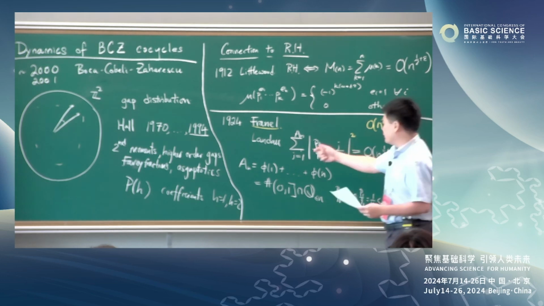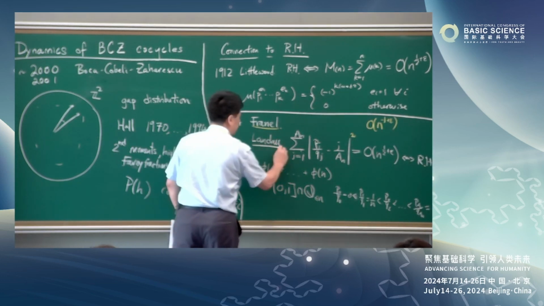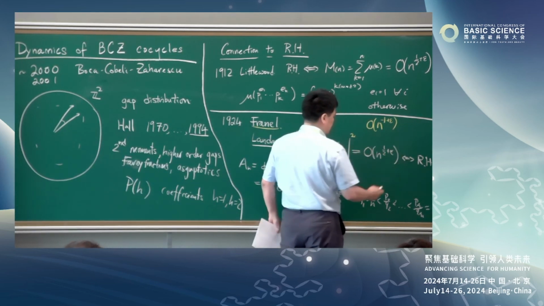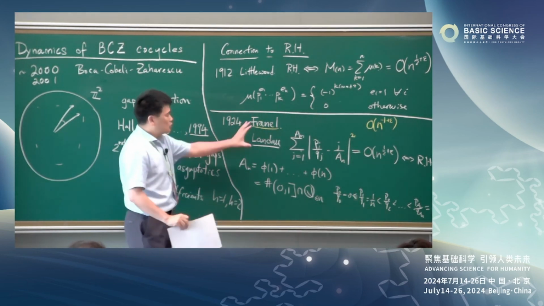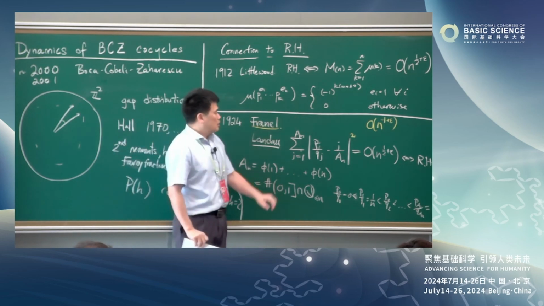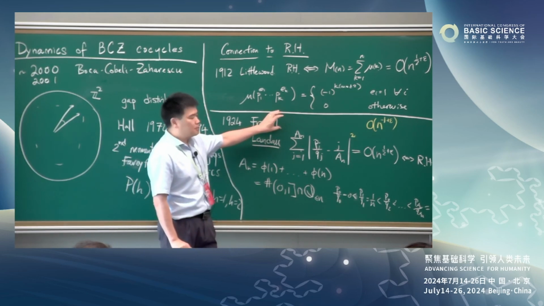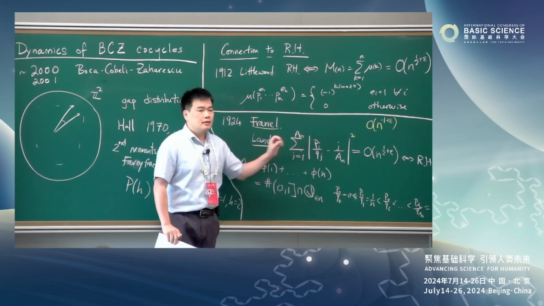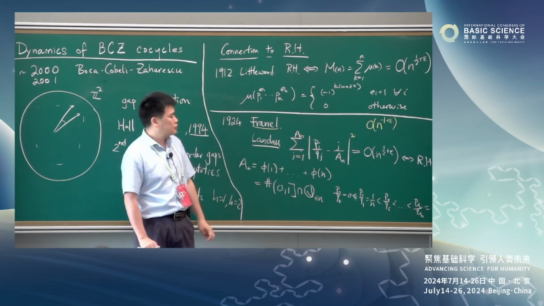So there we have Franel and Landau, the two characterizations of Riemann hypothesis. It turns out that there's a bit more. Franel's paper received more attention than Landau's paper, if you look at the citations.